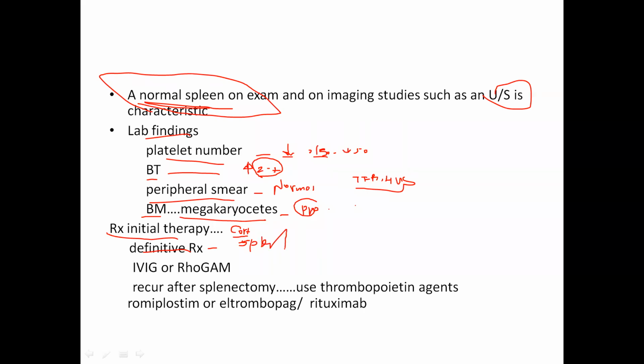Intravenous immunoglobulin as well as Rhogam is very helpful for those who have life-threatening conditions like intracranial bleeding. If it recurs after splenectomy, use thrombopoietin agents, and rituximab is very famous. So this is how you treat.